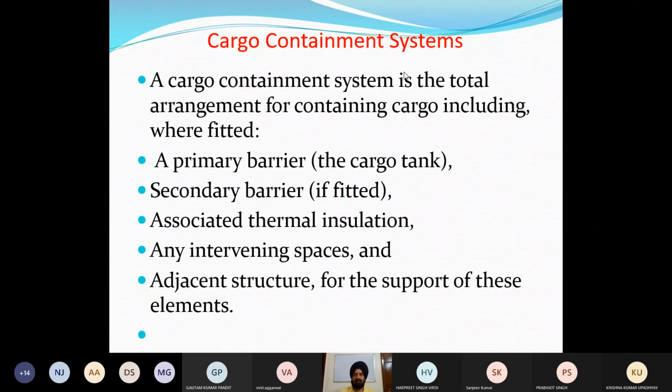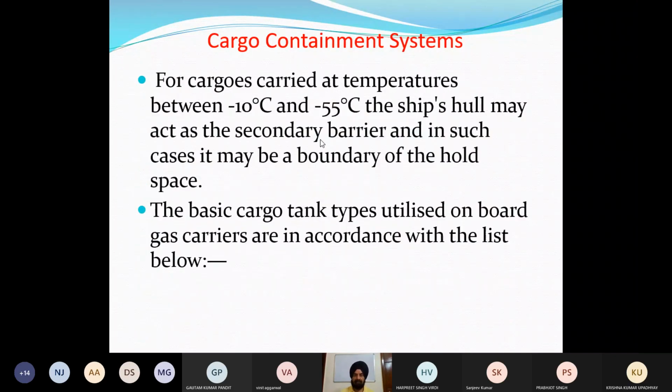So this is what the cargo containment system is, that you are carrying these liquefied gases. So how we basically carry them, various types of ships we have seen, and let's see what these tanks are. Of course, we will go a little bit, not so deep.